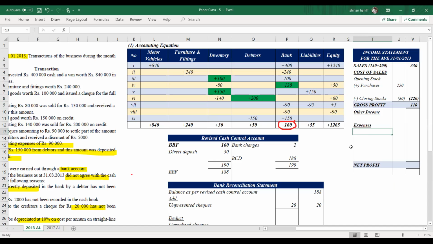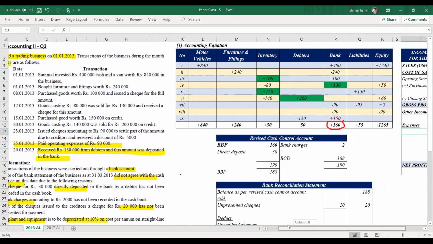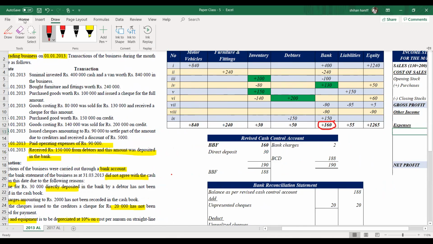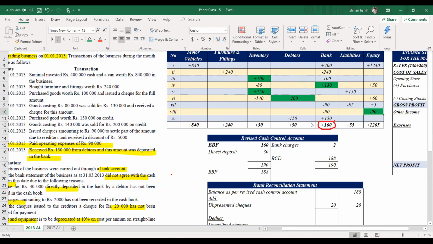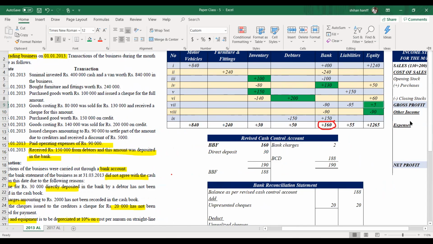There is no other income, but there are some expenses. So what are the expenses? This 90,000 is an expense. This 5,000 is discount. So that is considered as other income. Sorry, there is another other income of 5,000. Okay.